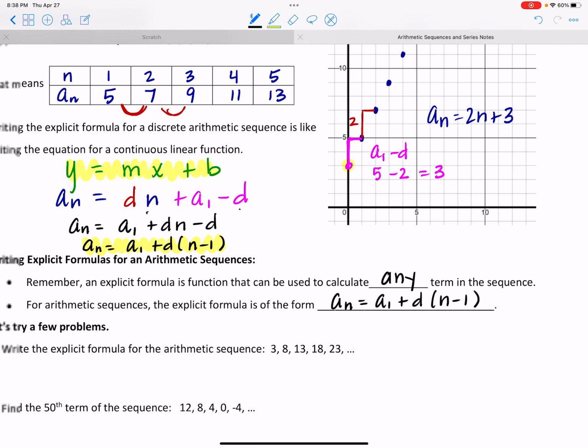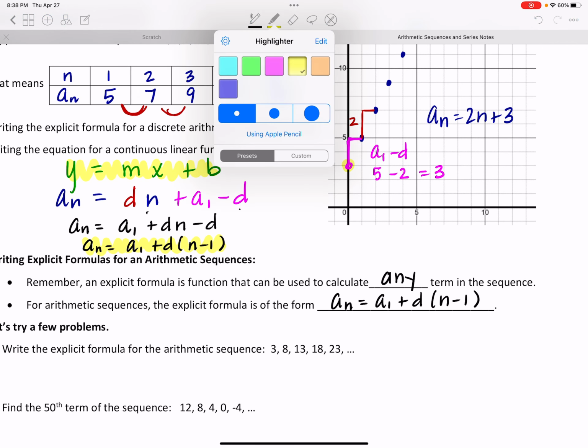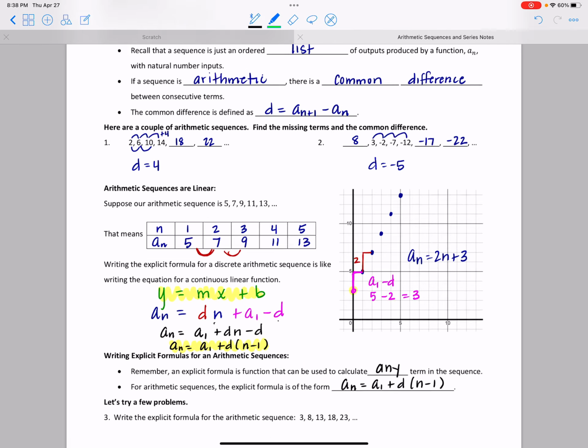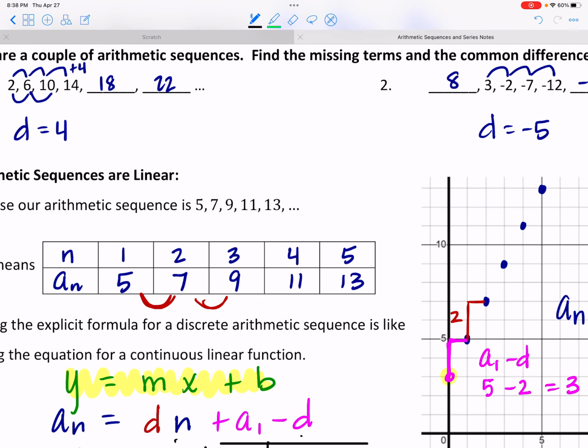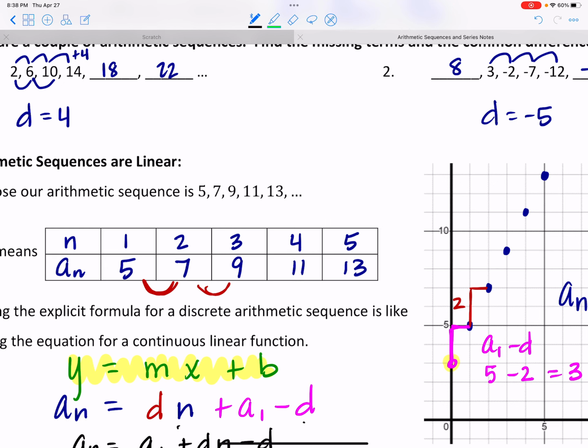So let me just go back to the example we saw up here. Okay, so we just generalized and said if I wanted to write an explicit formula, I know we have it, it's 2n plus 3, but if I wanted to write an explicit formula for this set of numbers, that explicit formula a sub n would be my first term of 5 plus my common difference of 2 multiplied by n minus 1. And so if we simplify that, you have 5 plus 2n minus 2.